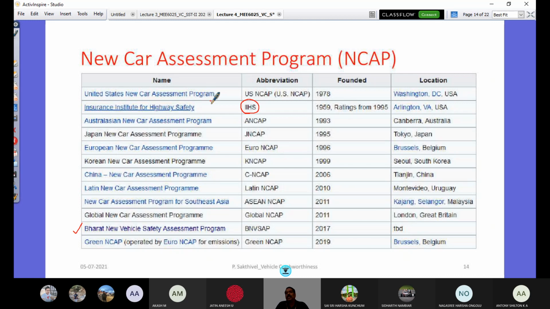So I visit these websites and collect the data so that you can map our class with your textbook data. That is what I prepare for you all. These are all the new car assessment programs because of safety requirements.